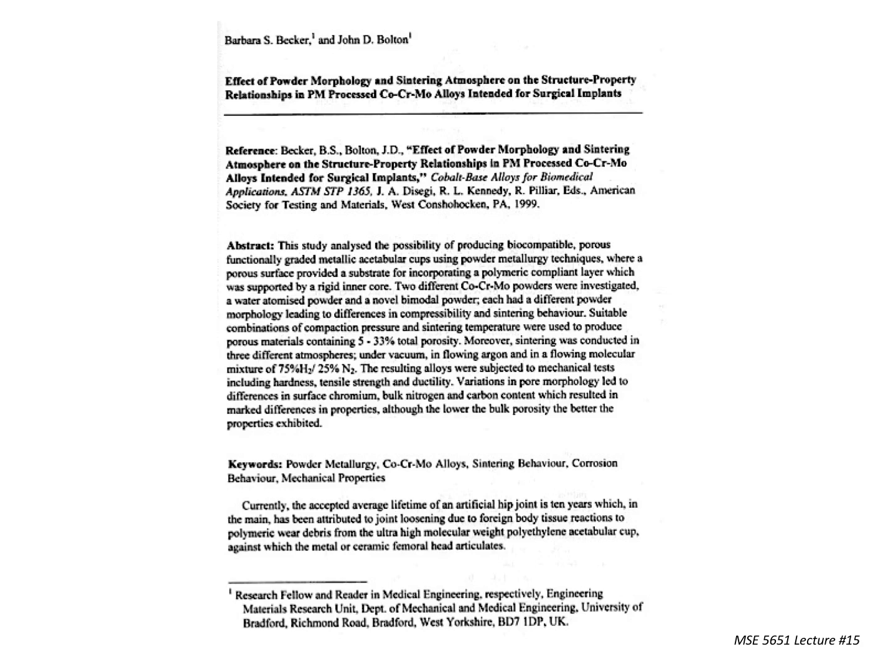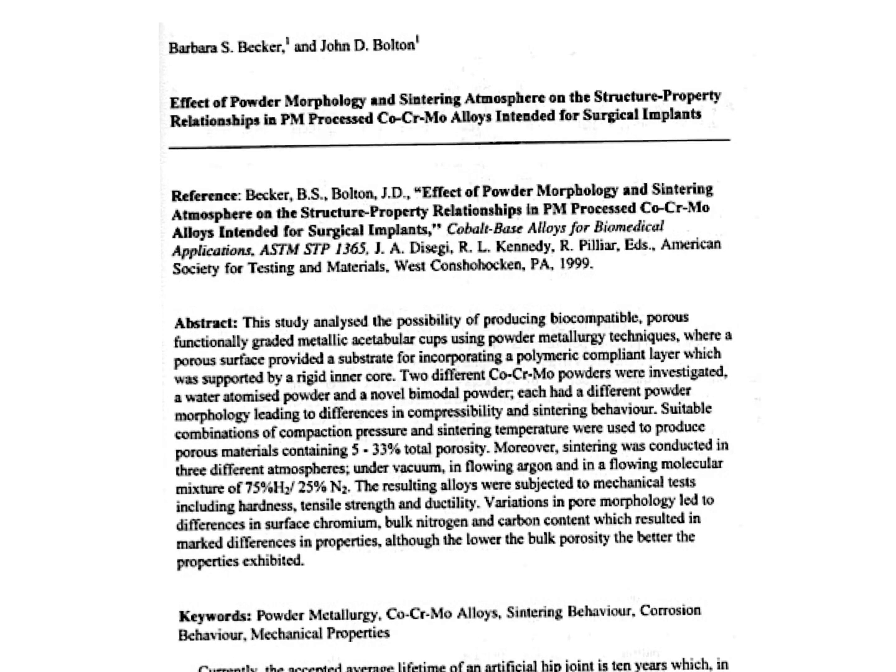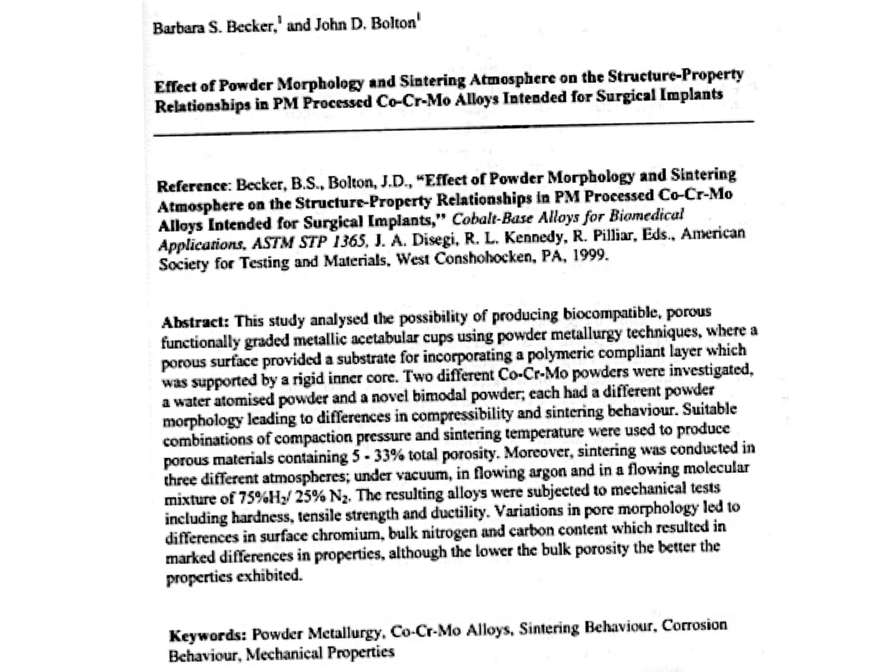Okay, and then this is another study which is a little bit of a tangent, but it does talk about things that we've been discussing. The possibility of producing biocompatible, porous, functionally graded metal acetabular cups using powder metallurgy techniques where a porous surface provides a substrate for incorporating a polymer compliant layer which is supported by a rigid inner core. What is that translating?